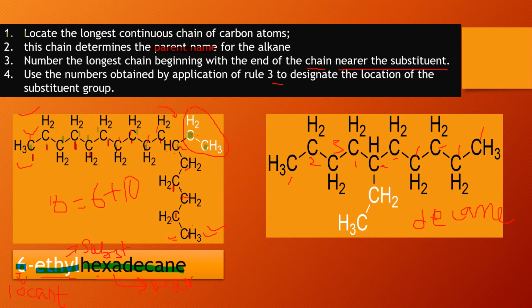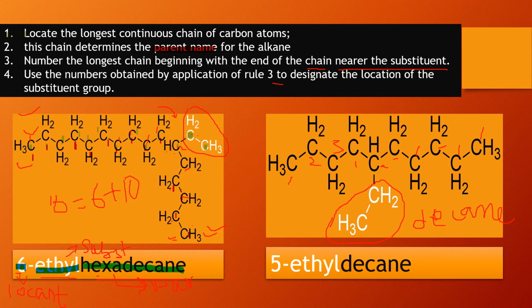And at which position? What is this? It is an ethyl group and it is attached to the 5th carbon. So it is present at the 5th carbon. So the name will be 5-ethyldecane. So this is the parent, this is the substituent, and this is the locant.